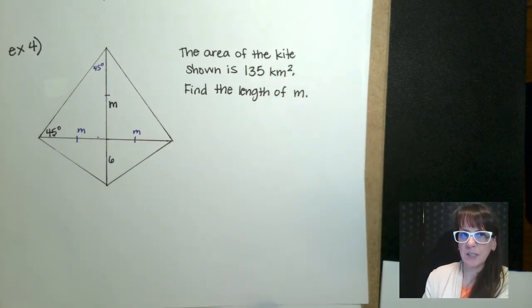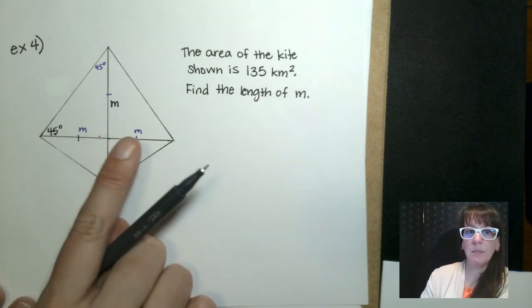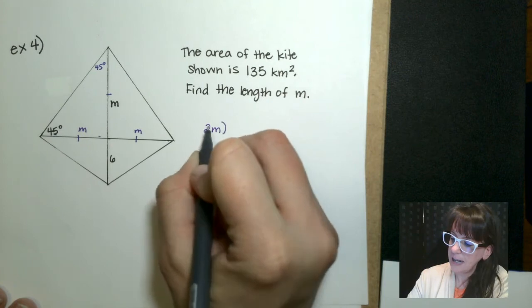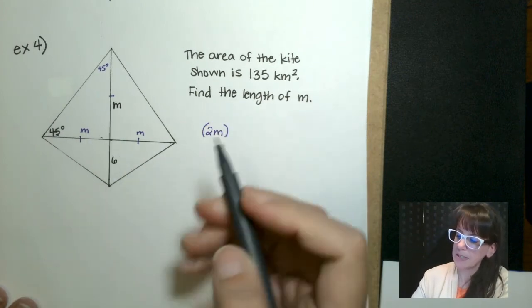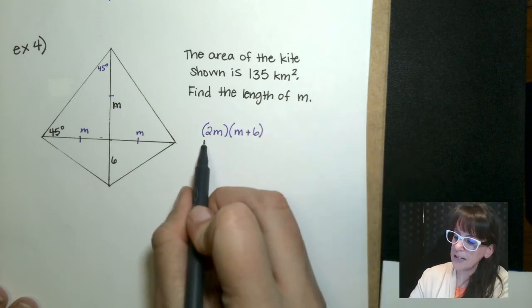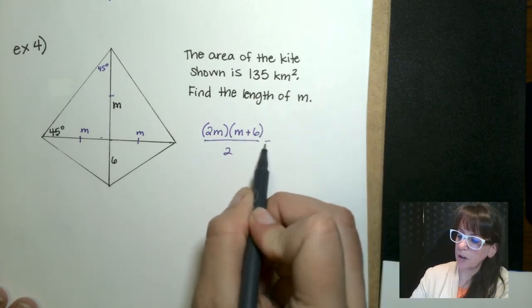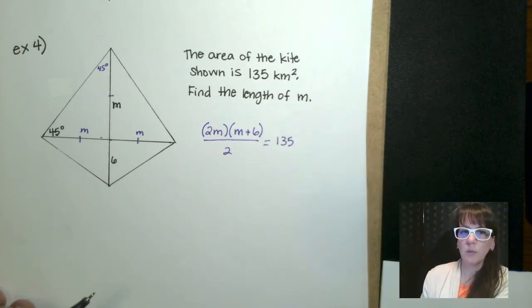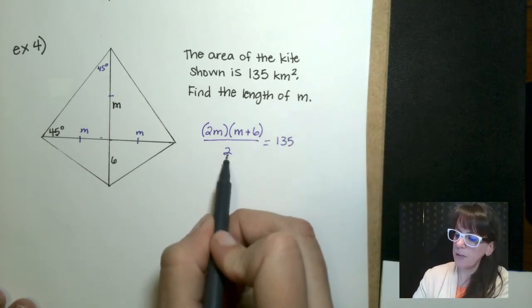Okay, so in this case, what we have is M plus M. So that's 2M times M plus 6, all of that divided by 2 equals our area, which we know is 135. So in this case, let's move that 2 over to the other side.